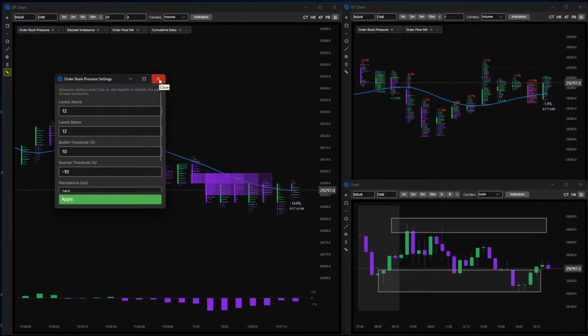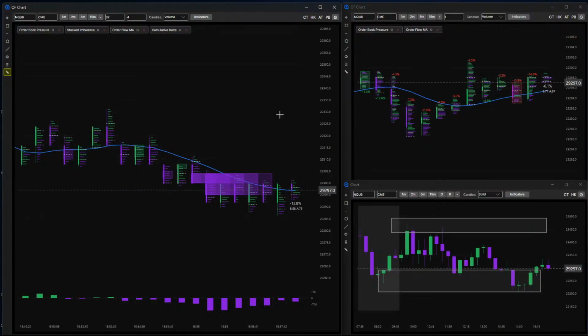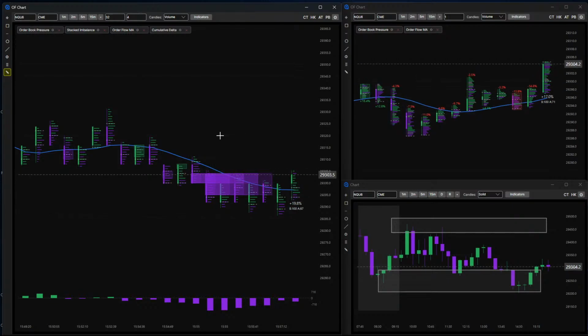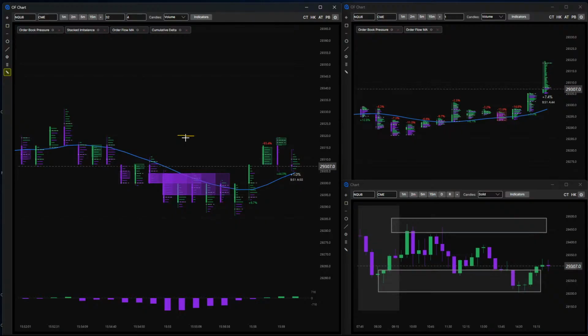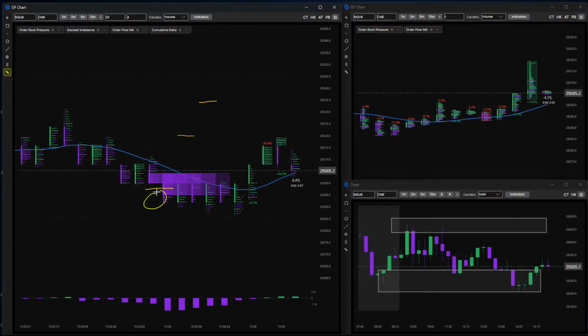So what this is basically doing is, let's say you're at 320 right here. Hypothetically, this is the current price. It's getting 12 ticks above to get the sellers and 12 ticks below to get the buyers, and it's summing up the data. Let's say it's 20% more buyers.